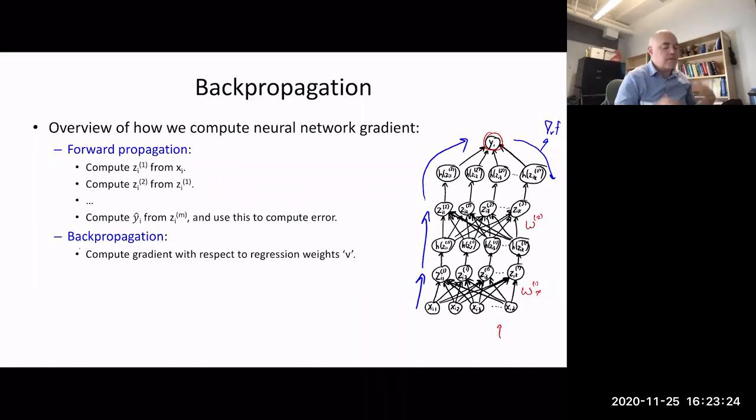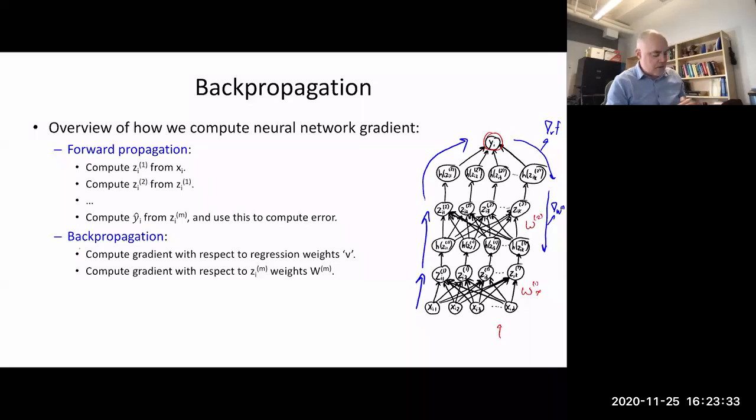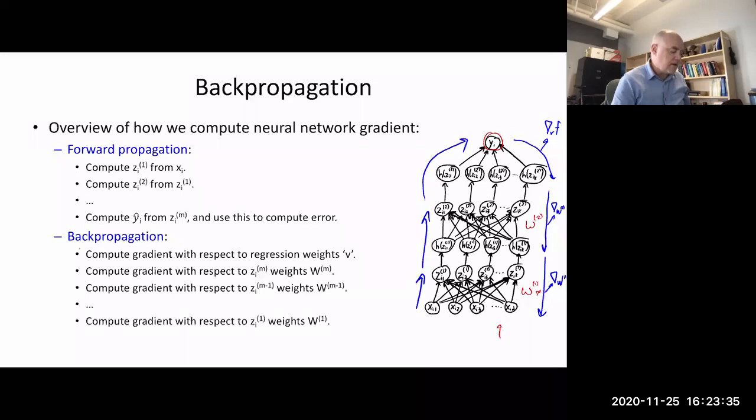Okay, so we compute the gradient of the loss with respect to V, and then you use that plus forward information to compute the gradient with respect to Zim and the weights, and so on and so forth.